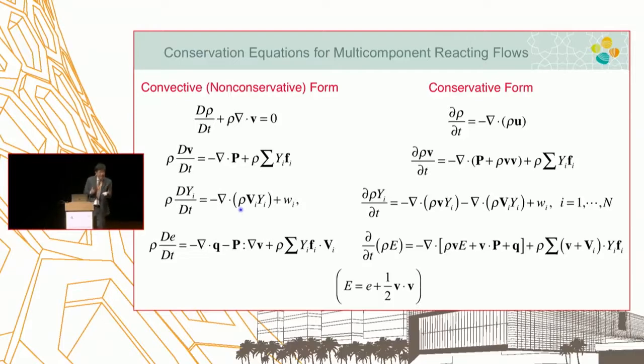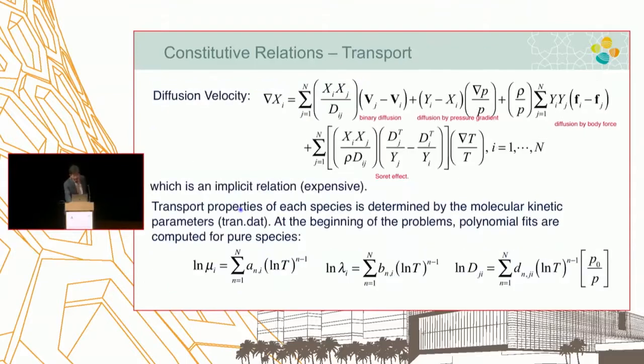This is exactly the differential diffusion Lewis number effect. And that has to be accounted for following the well-known Stefan-Maxwell relation, which is unfortunately implicit. Again, I don't want to dwell too much on the math, but just to point out, in order to determine this Vi, the equation that we need to solve, even if we ignore all the other secondary terms, is an implicit expression. So it costs a lot of money and time.